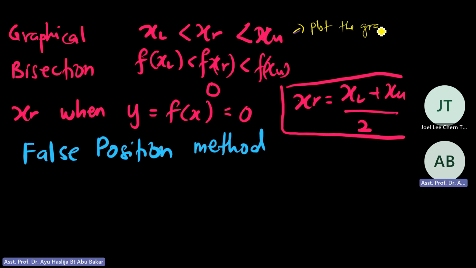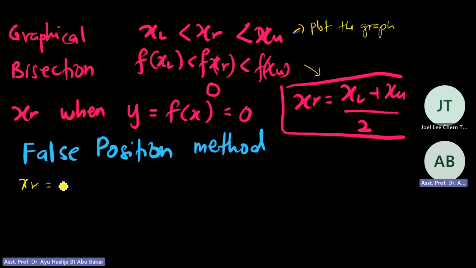Okay, this one you will need the graph paper. Bisection, the XR calculation using this equation. Bisection, no plotting graph, only calculation. Okay, using the XR equation. But for false position, also calculation, but different XR equation.